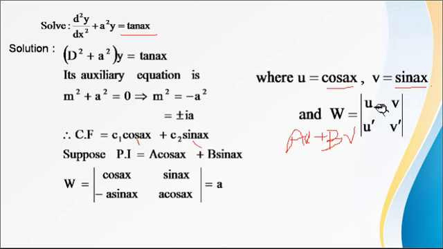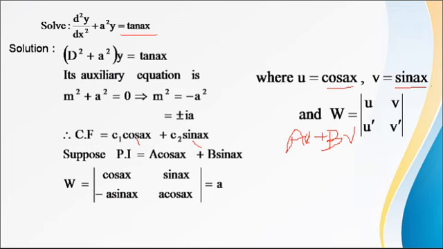U value is cos ax, v value is sin ax, and derivative of cos ax, that is minus sin ax into a, that is minus a sin ax. Similarly derivative of sin, that is cos ax into a, that is a cos ax. Multiplying this, a into cos ax into cos ax, that is cos square ax minus of minus of minus, plus sin square ax. So that is a into sin square plus cos square, that is 1. 1 into a is a.